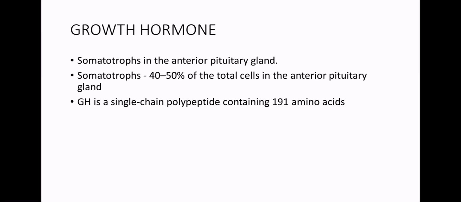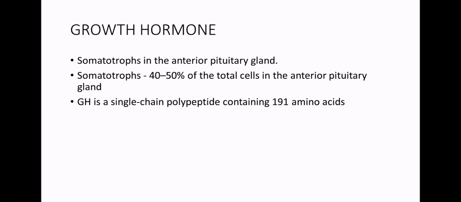The anterior pituitary synthesizes and secretes six major hormones: growth hormone, thyroid stimulating hormone, adrenocorticotropin, follicle stimulating hormone, luteinizing hormone, and prolactin. Growth hormone is also known as somatotropin. It is synthesized and secreted by the somatotropes in the anterior pituitary, which constitute about 40 to 50% of the total cells in the anterior pituitary gland.